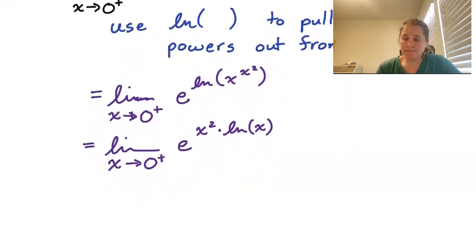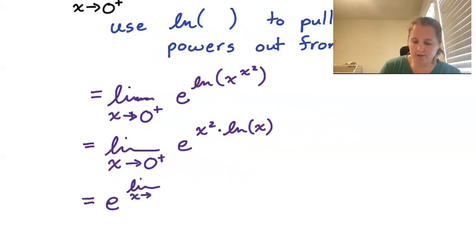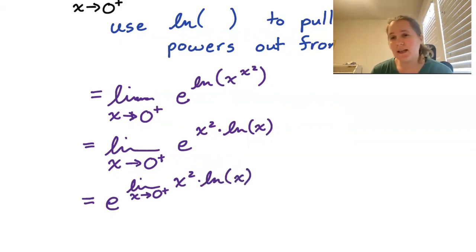And from here, we can actually push the limit inside of the e to the whatever function. So this becomes e to the limit as x approaches 0 from the positive side of x squared times natural log of x. So we can push a limit inside of a continuous function.